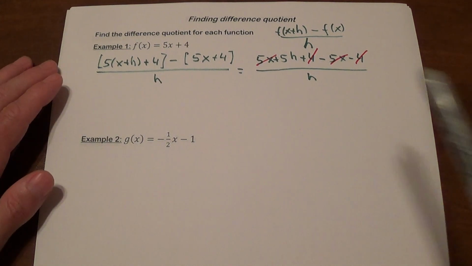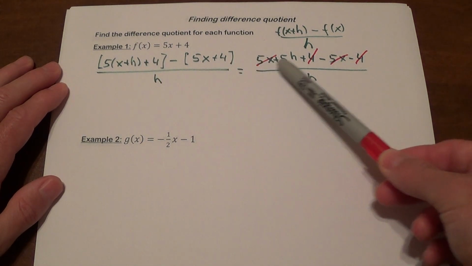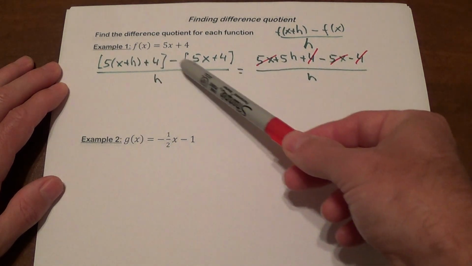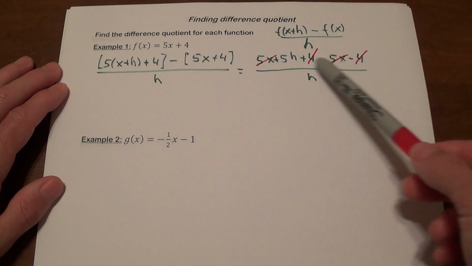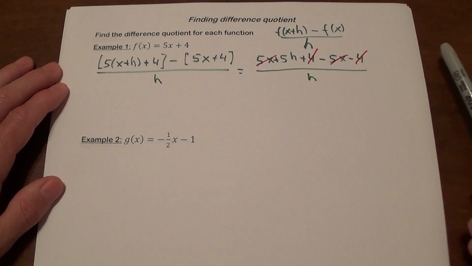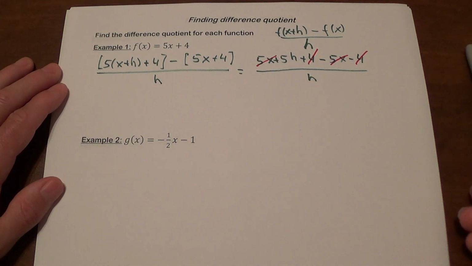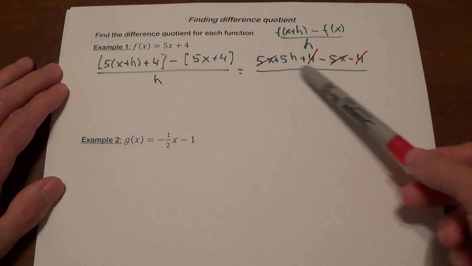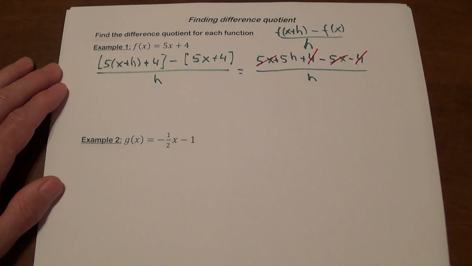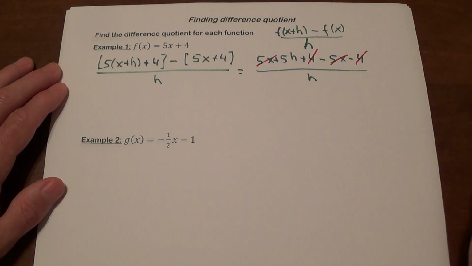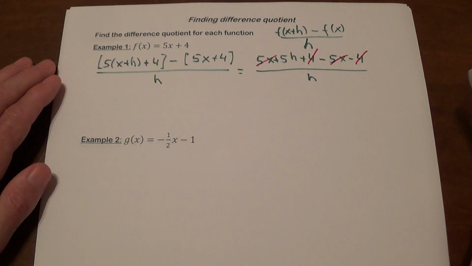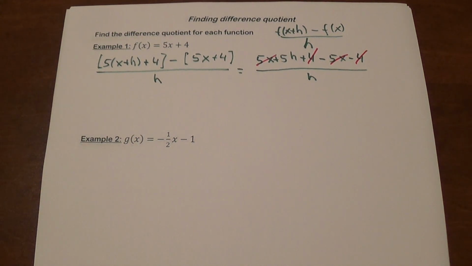When you finish this part and distribute, you are going to get the expression here, and when you start canceling, you are not supposed to have any terms left that do not contain h. The only terms that are going to be left in the numerator are terms containing h. None of the terms not containing h will be left there.